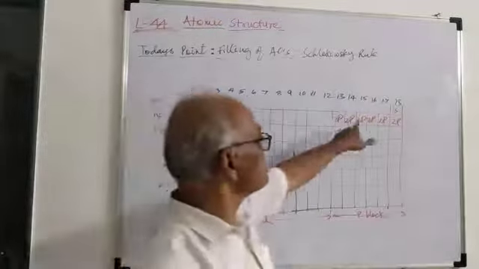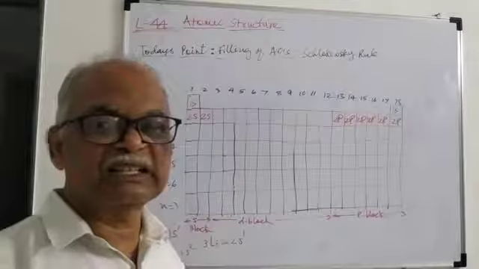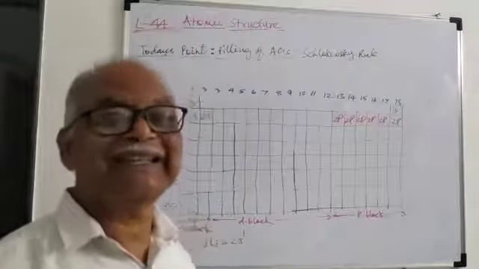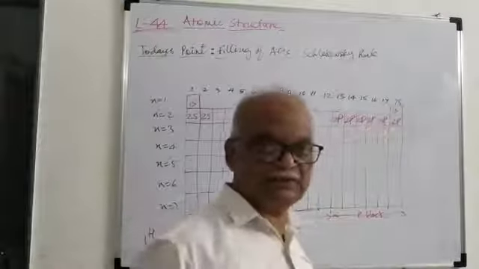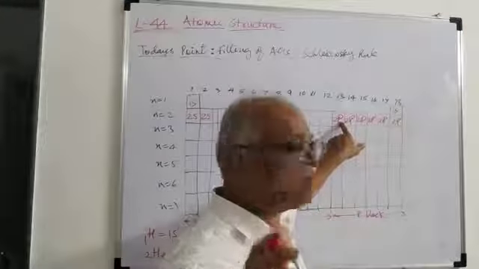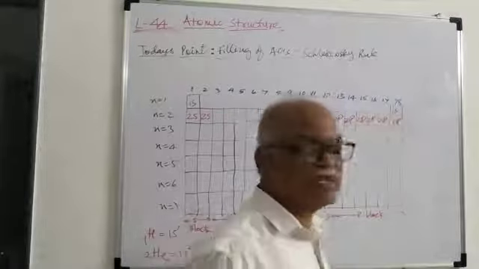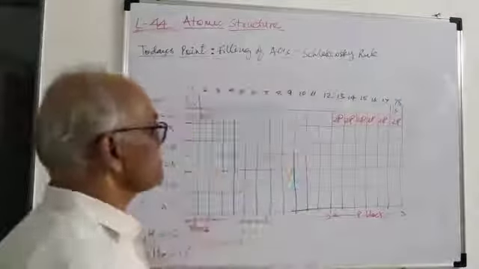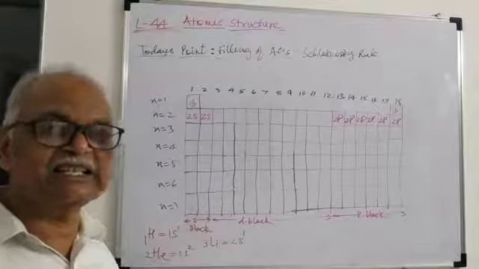There are 3 orbitals, but the capacity to occupy electrons is 6, and that is why we have shown the 6 places. So the first electron of p goes here, next here, and so on. In this way 6 electrons are distributed and the capacity of the p subshell is completed.